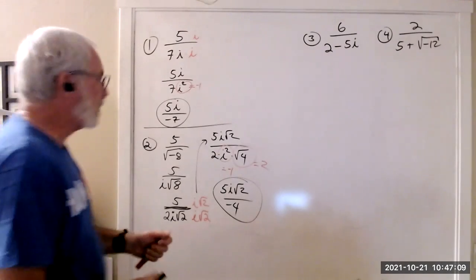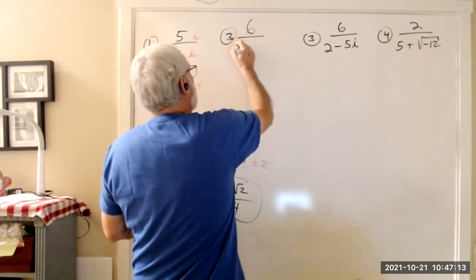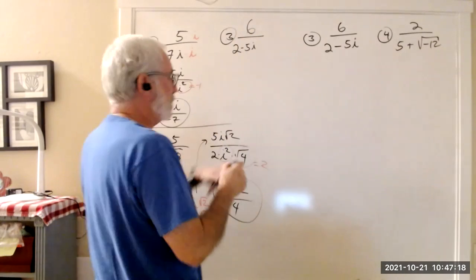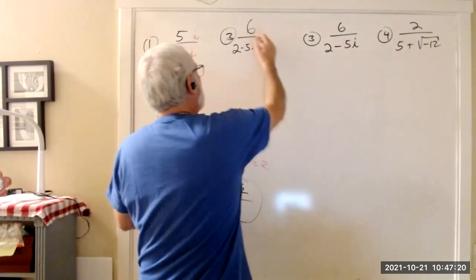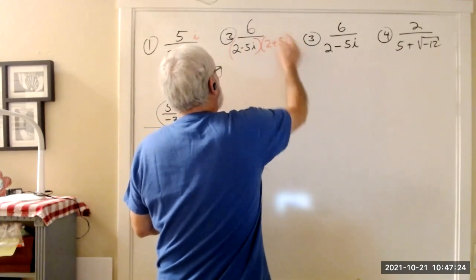Then number 3, 6 over 2 minus 5I. This is a binomial denominator, so we're going to multiply by the conjugate, 2 plus 5I, to top and bottom.